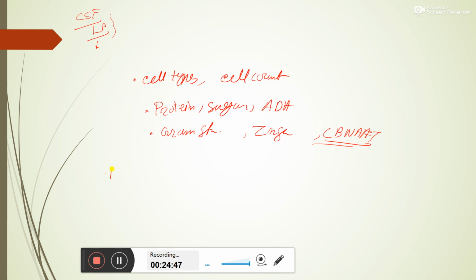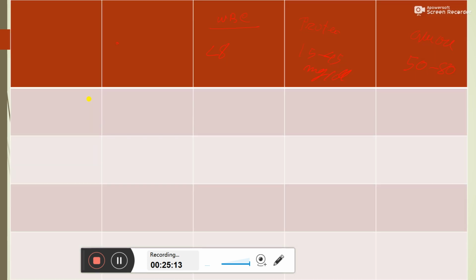In CSF analysis, you need not send blood fluid. Blood investigations need to be sent for other evaluations and monitoring the patients, but for diagnosing the cause of meningitis we need not send blood. Blood may be sent later for culture sensitivity or monitoring, but for CSF analysis it is not needed, like ascitic fluid analysis or pleural fluid analysis.